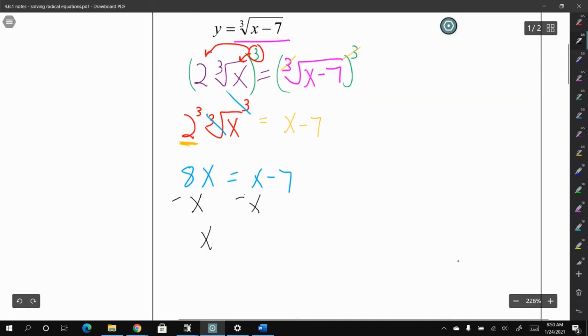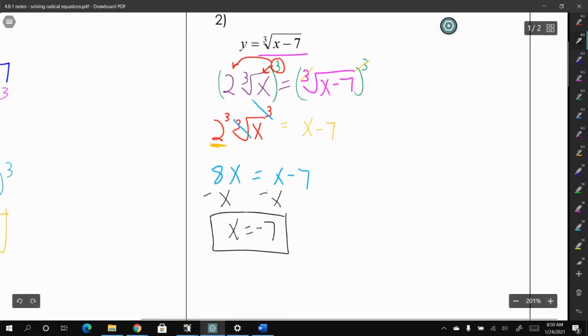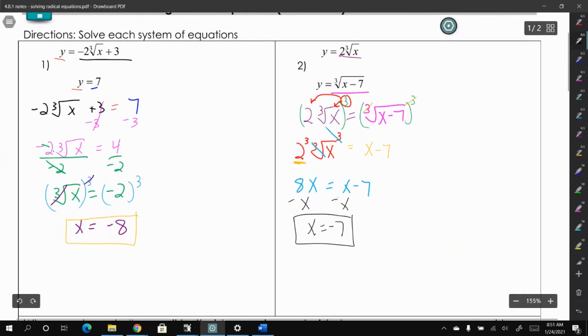And we get x equals negative 7. So this stuff isn't really much more complicated than what you've been doing before. You're just now having to do the third power to both sides, or raise everything to the third power, or cubing it. That's another term that you can use. And it's pretty straightforward right now.